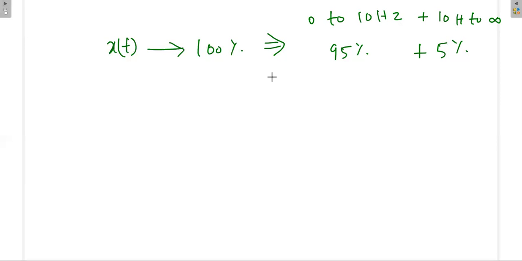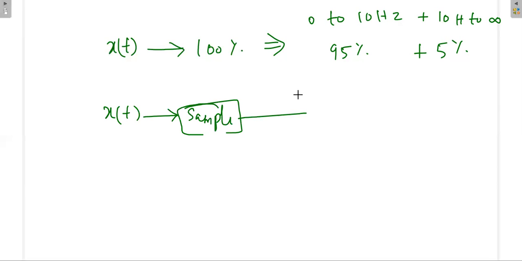Suppose I directly pass this signal through a sampler. Then from the sampler, at the receiver side, I will try to get the original signal x of t back from the samples.